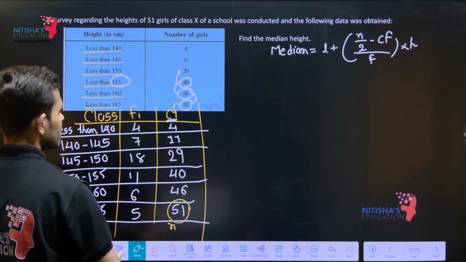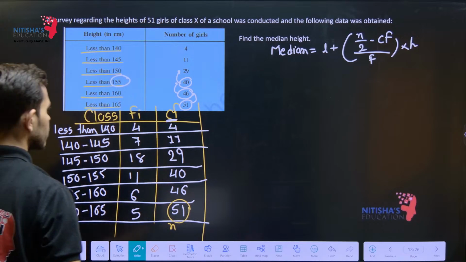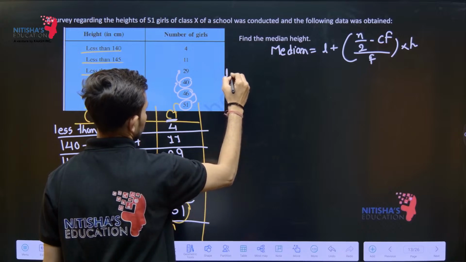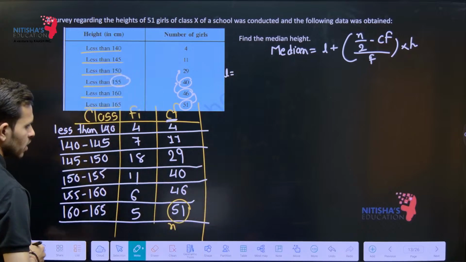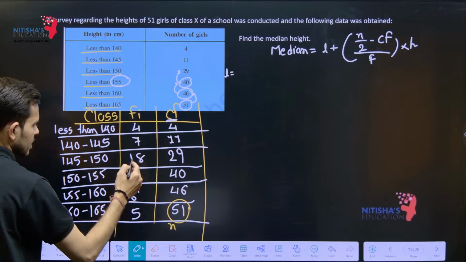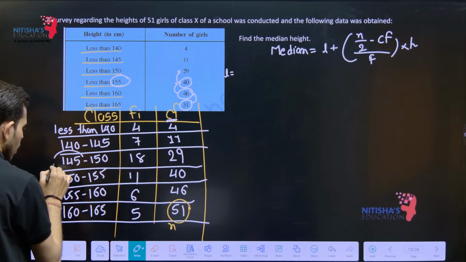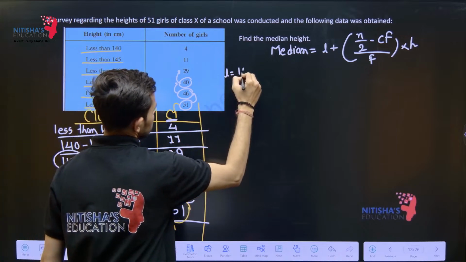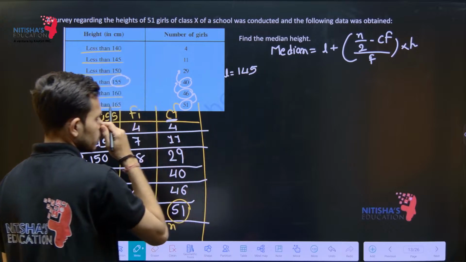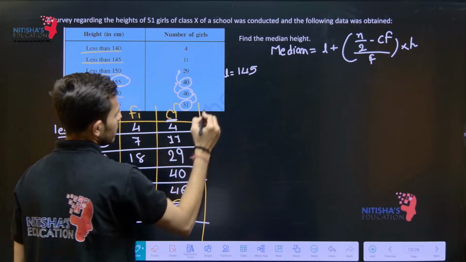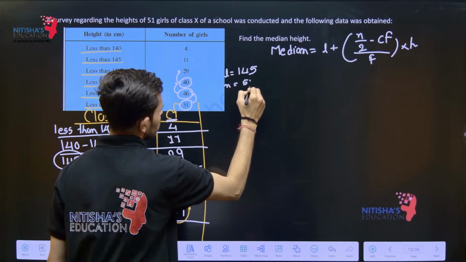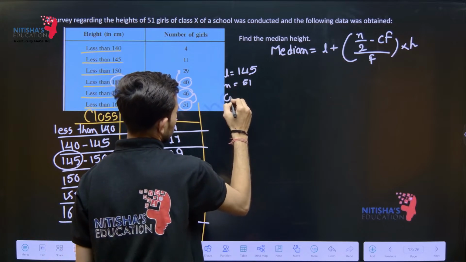Now let's place the values into our equation. What is the highest frequency? The highest frequency is 18. So we consider that class, 145 to 150, so L is equal to 145. What is N? N is 51. What is Cf?